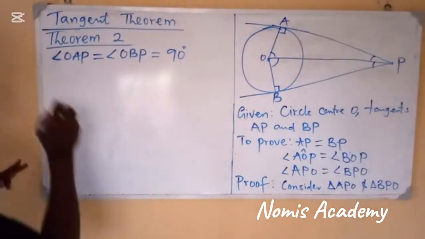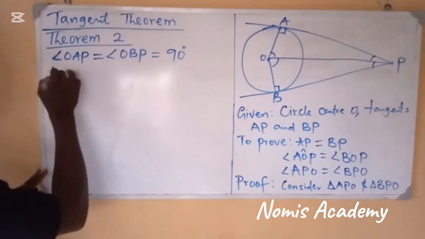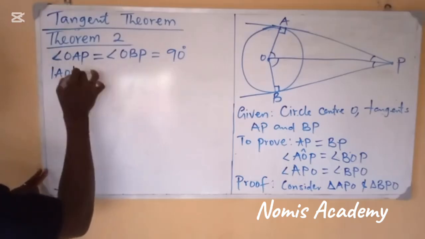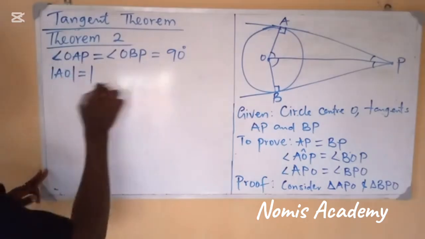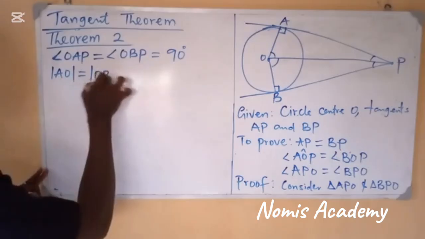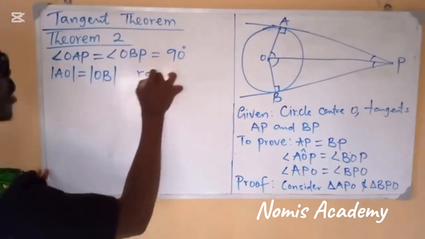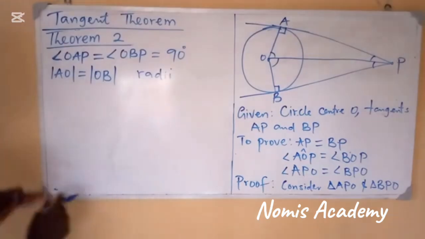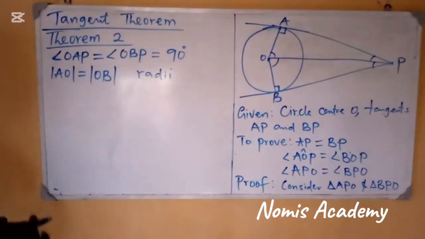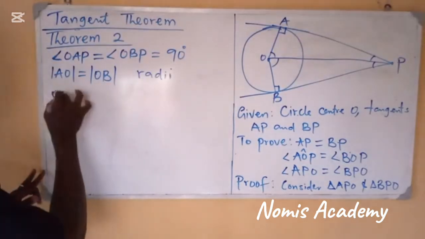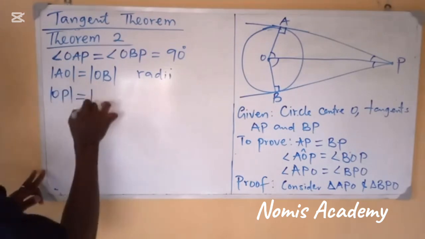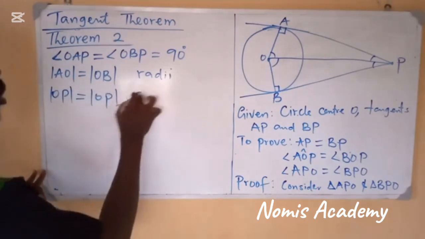Okay, so now we have line AO, which is equal to OB, line OB, and that's the radii of the circle. OP is also equal to OP, which is the common side.